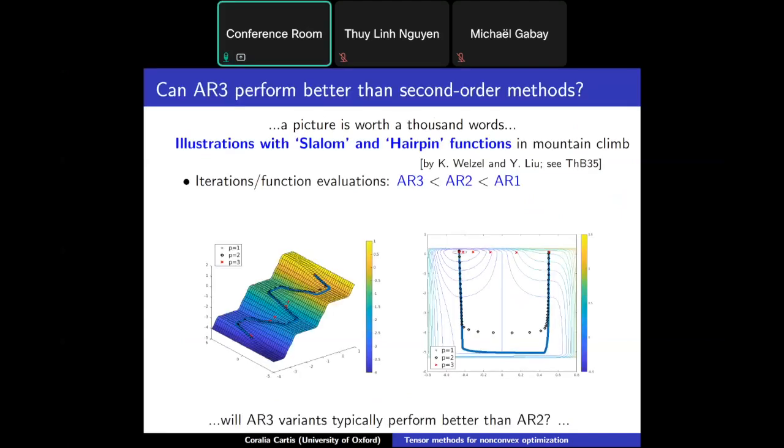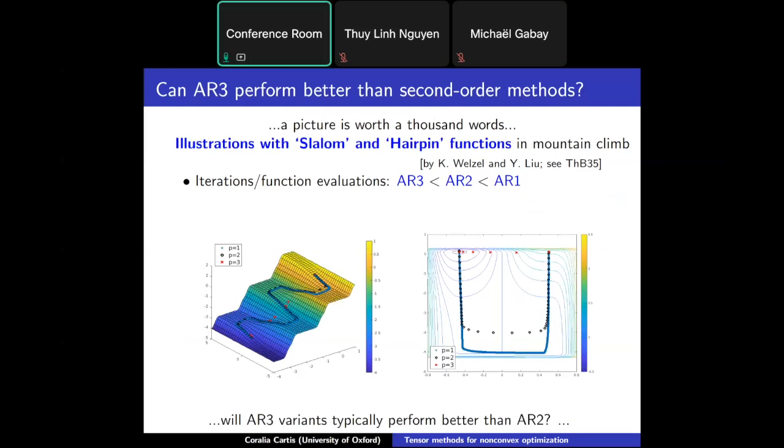Okay, so here are some examples. These are constructive examples, but nonetheless, here's some situations. Here's like a mountain, and you're doing slalom on this mountain. This landscape here has small gradient, small Hessian, but large third order information. That's the way to think about it.